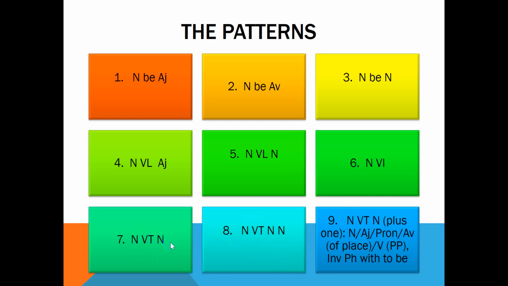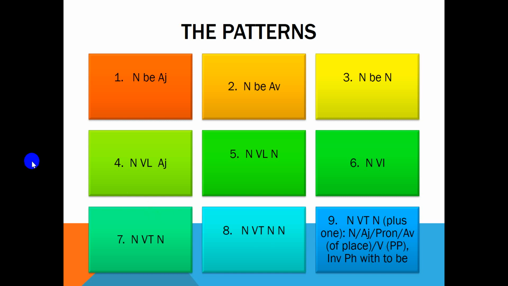Here we have one object, here we have 2 objects, and in pattern 9 we have noun, transitive verb, noun, functioning as subject and complement. The complement can be in the form of a noun phrase, adjective phrase, pronoun, adverb phrase of place, and then present participle or infinitive phrase with to be.